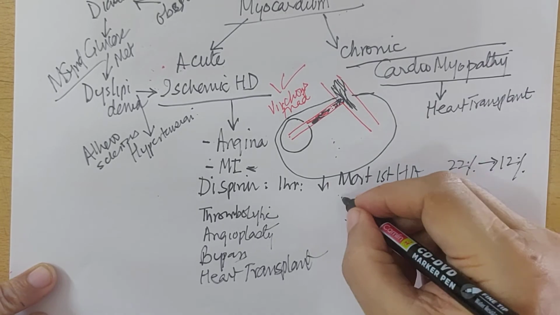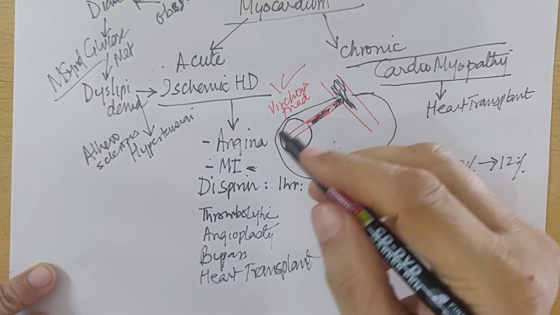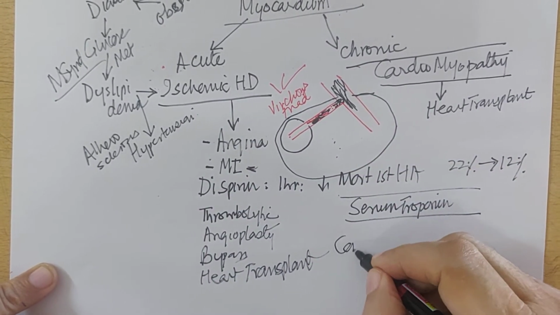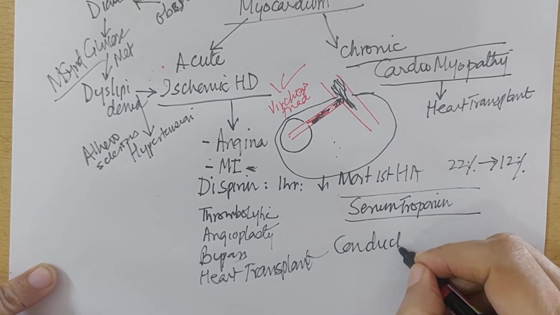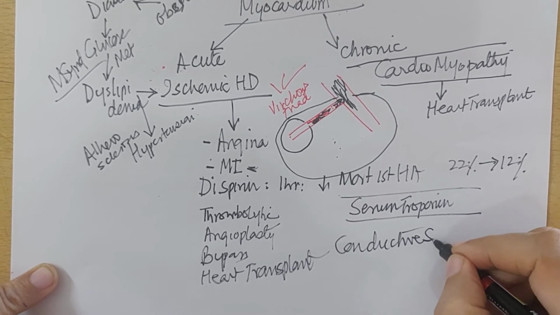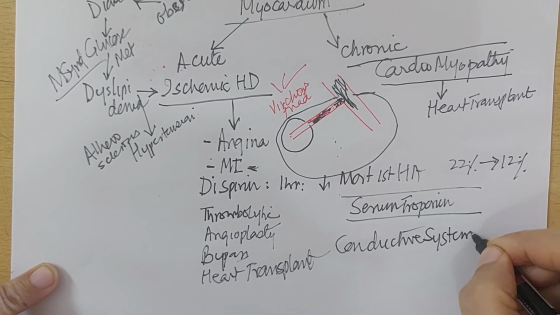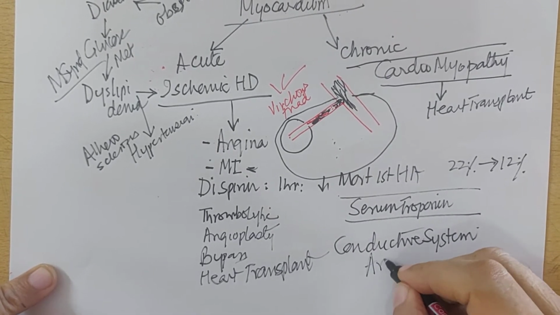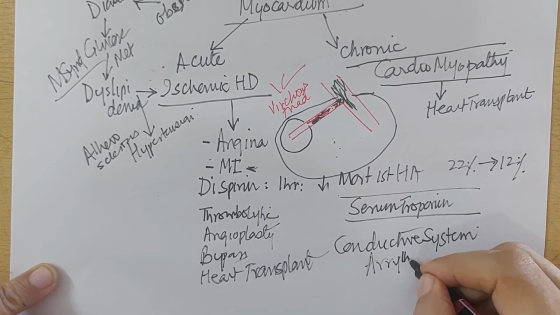Another thing is that this ischemia may affect the conductive system of the heart, producing various arrhythmias.